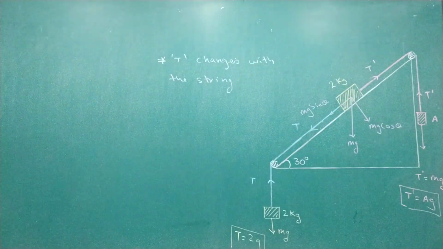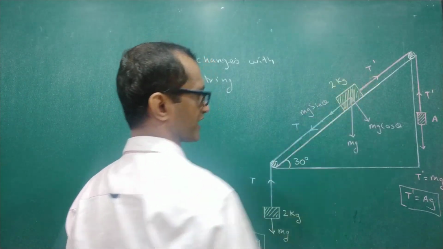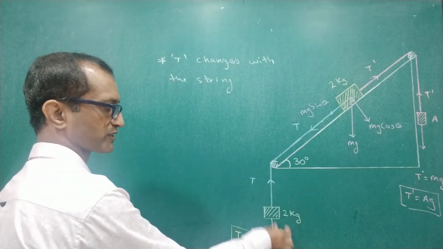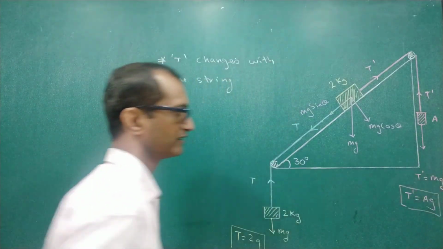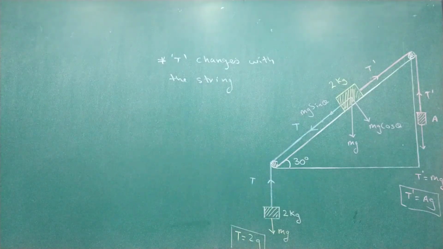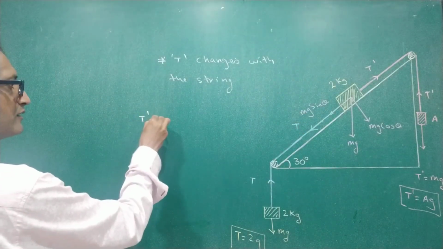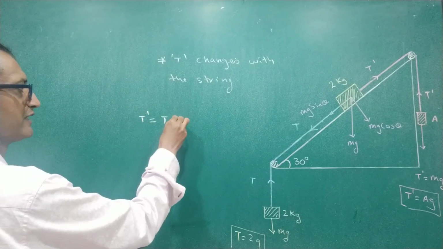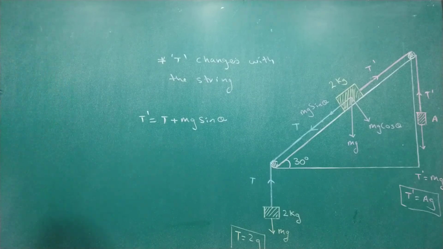So this mg sin theta is balanced by T dash, the way this mg was balanced by this T, and this T dash was balanced by the other mg, that was Ag. So I get T dash is equal to T plus mg sin theta.